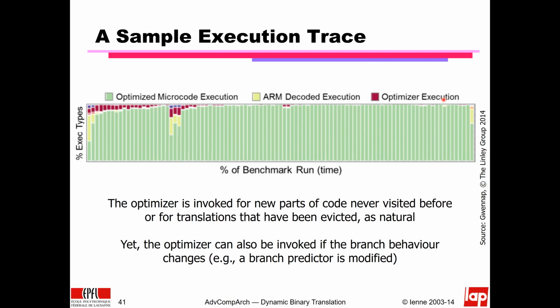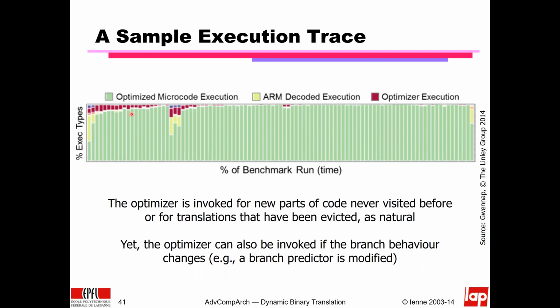But what is interesting to see is that you start by spending a lot of time in the execution of the optimizer and executing inefficiently on the ARM, on this not particularly performant ARM, and for a very small time you manage to use the optimized microcode.